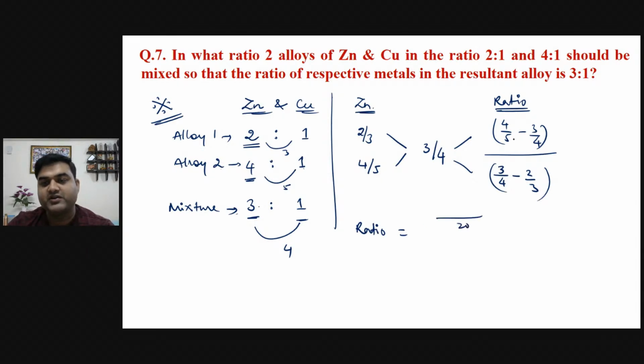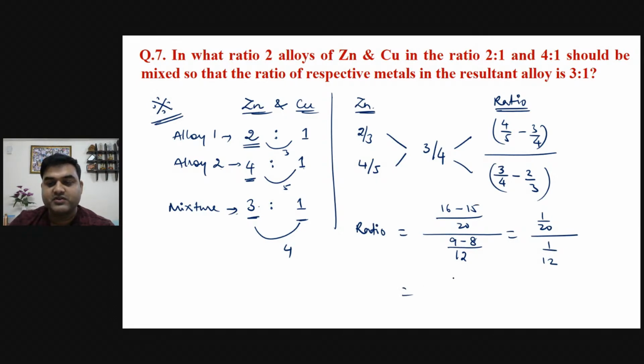Taking the LCM, 5 fours are 20. This becomes 4 fours are 16 and 5 threes are 15, divided by 4 threes are 12, the LCM. 3 threes are 9 minus 8. That becomes 1 by 20 divided by 1 by 12.